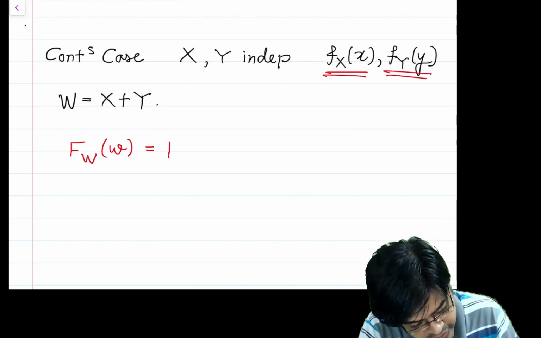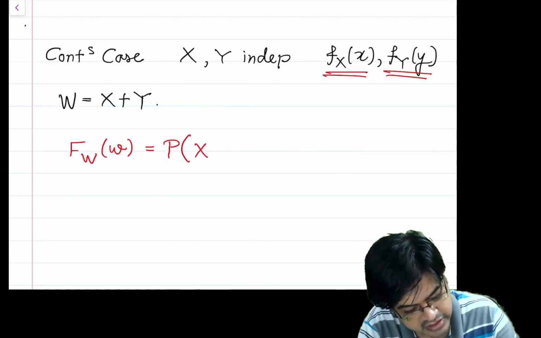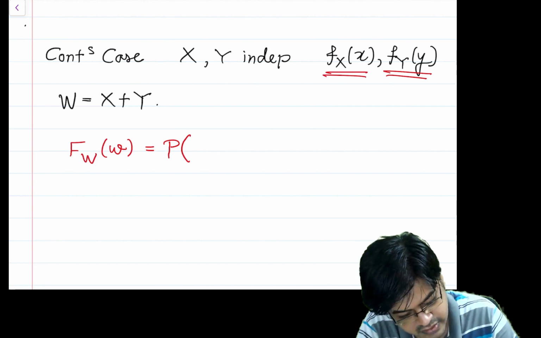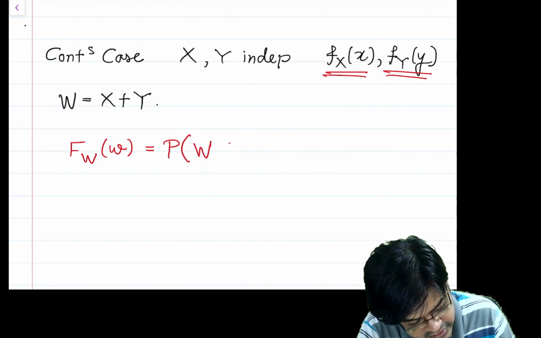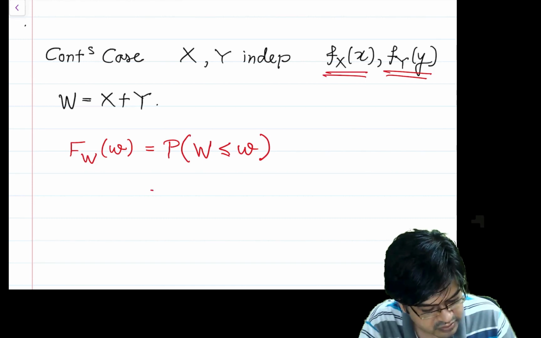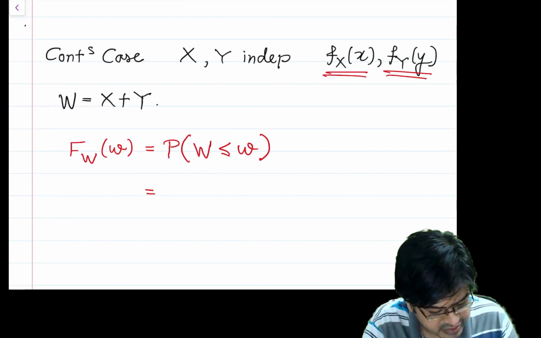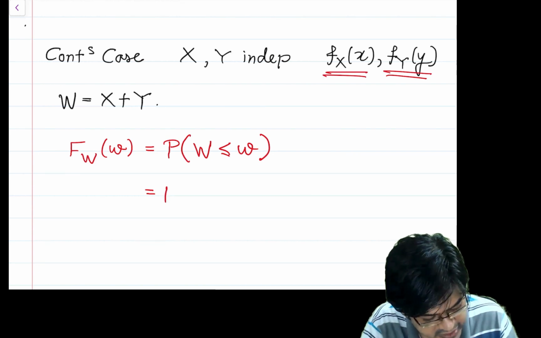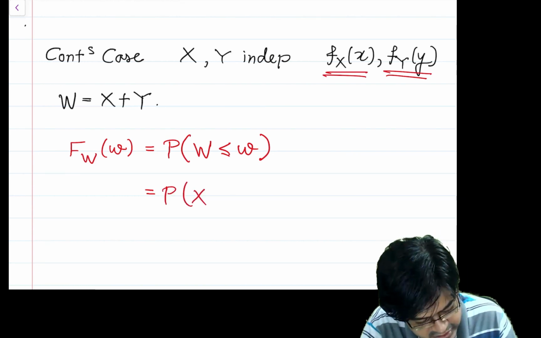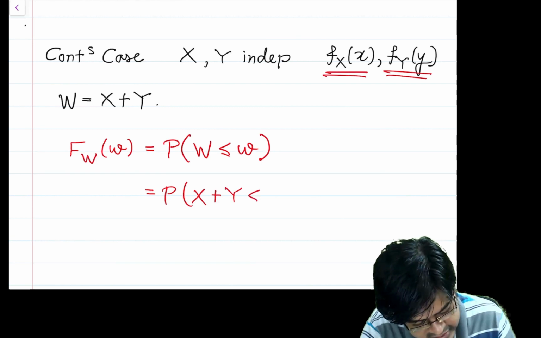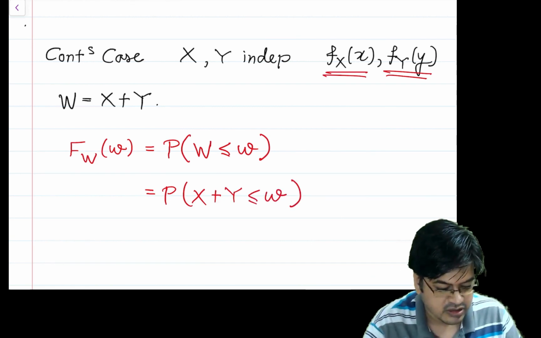So this is nothing but the probability that W is less than or equal to small w. And again appeal to the same logic that we applied for discrete random variables. You just write this as X plus Y less than or equal to w, correct?